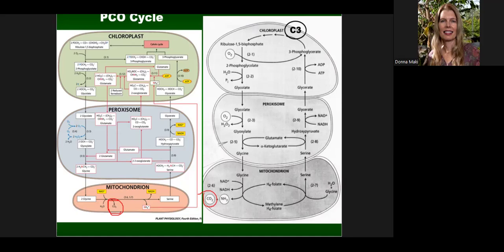RuBP is the 5-carbon sugar. If you can remember that Rubisco, the C stands for carboxylase, the O stands for oxygenase, that's an enzyme. ASE, enzyme. So Rubisco is the enzyme. Do not confuse the two, because we're getting a lot of points on that. Okay, and we'll come back to that. We'll keep going with the C3 cycle.